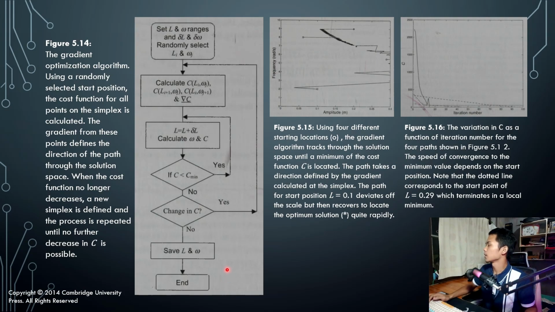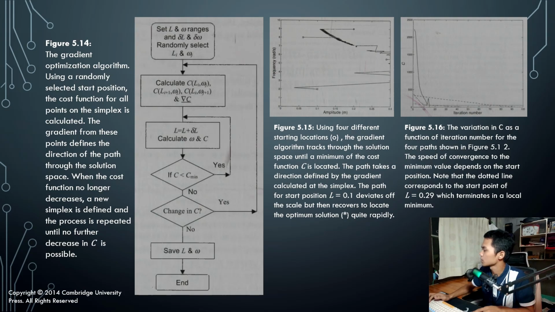We first again set the L and omega ranges and also delta L and delta omega, and then we randomly select the L sub I and omega sub J. After that, we calculate the cost function C of L sub I and omega sub J, the cost function C of L sub I plus 1 and omega sub J, cost function C of L sub I and omega sub J plus 1, and also the del C bar.